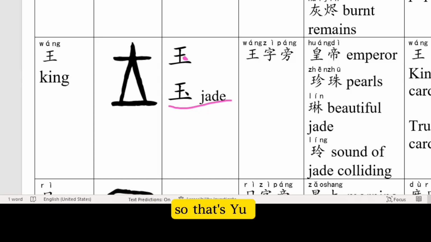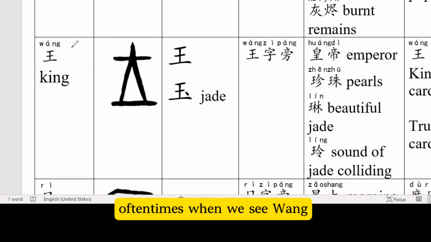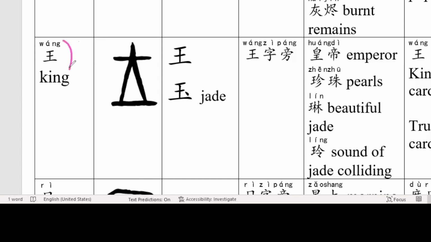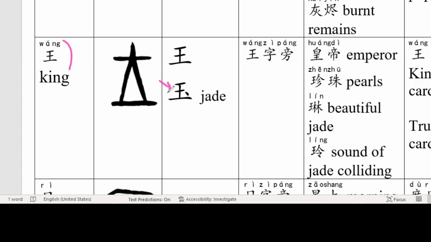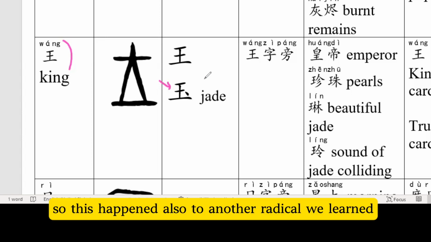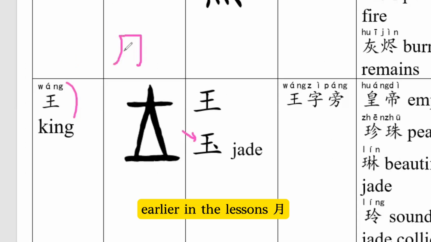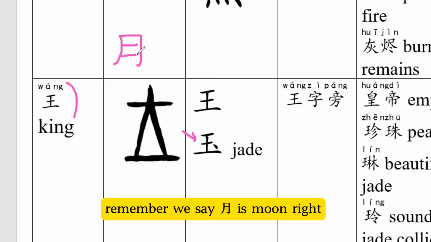In the jade, the king has a little stone on his waist, for example. So that's Yu. Oftentimes, when we see Wang in a character, actually, it is Yu. This happened also to another radical we learned earlier in the lessons, 月. Remember we said 月 is moon, right?